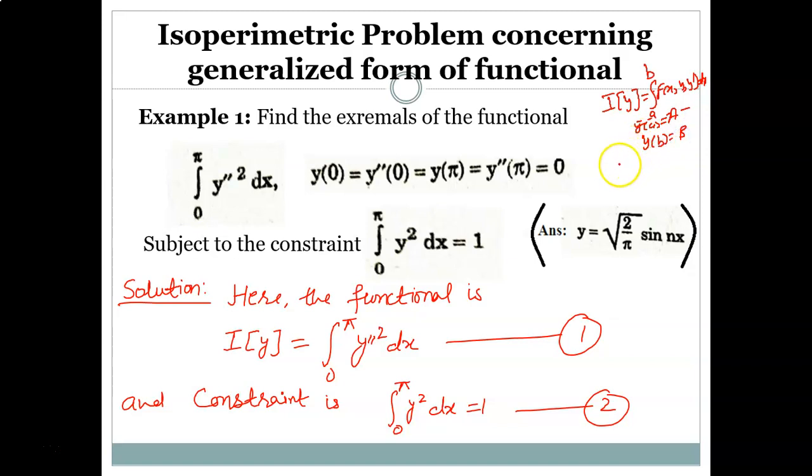One constraint was also given, in a similar form, that integral of g(x, y, y dash) is equal to some k. So that was the constraint.